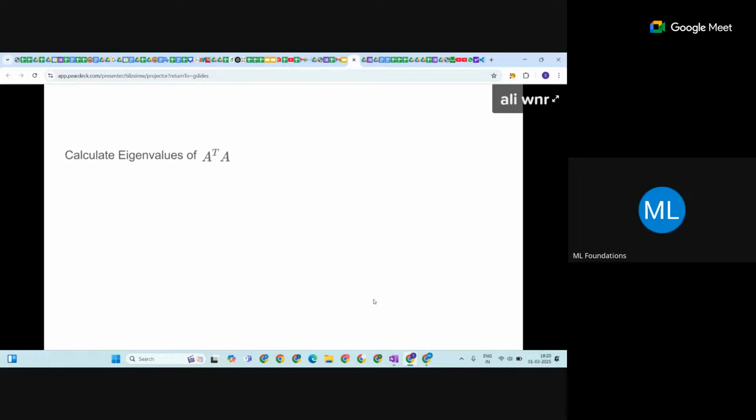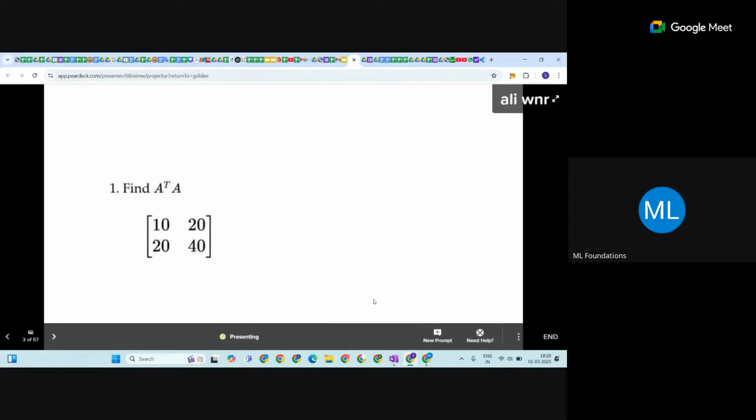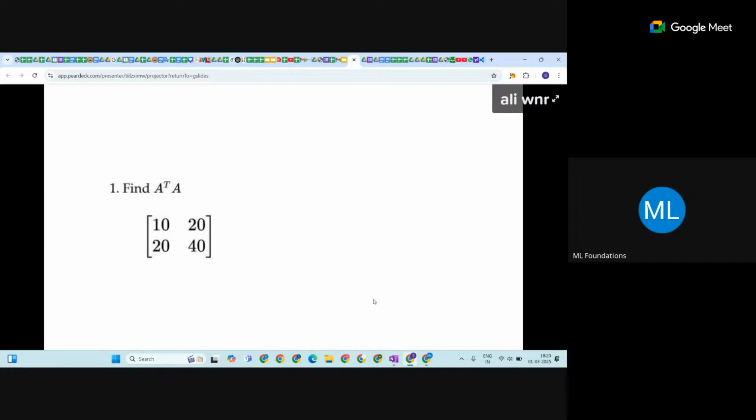So can anyone tell, without calculating, just by looking at it, that an eigenvalue is 0, and give me the reason? Anyone?